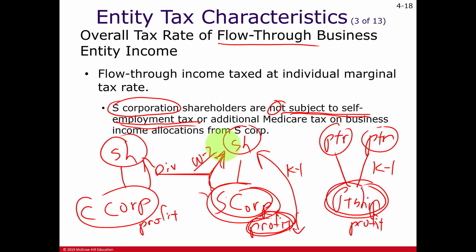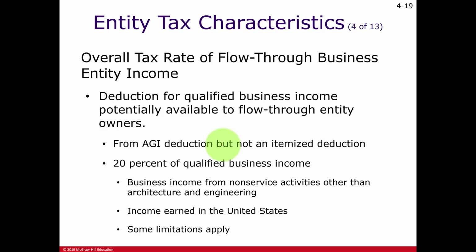tax. Okay, let's move on to the next characteristic, where we're talking still about flow-through business entities, and they qualify now for the new 20% qualified business income deduction. This is new for 2018.